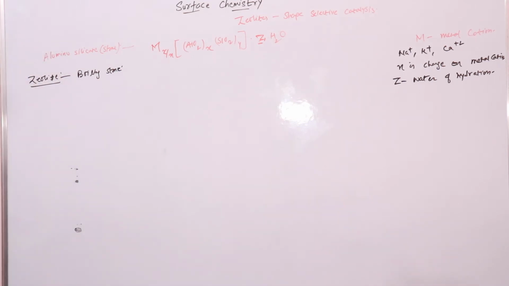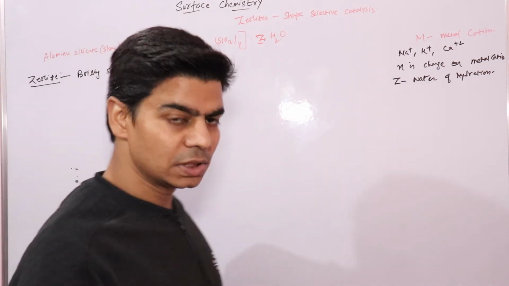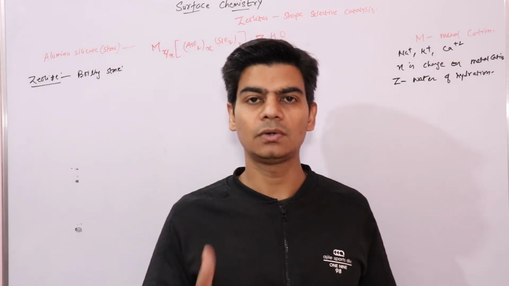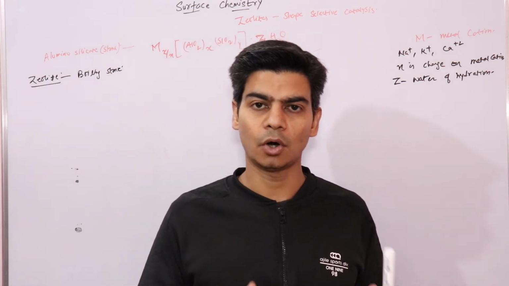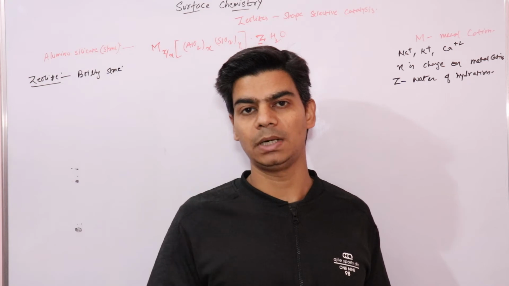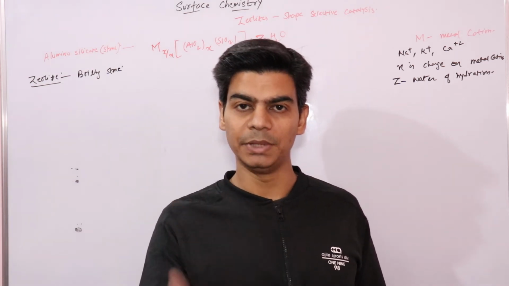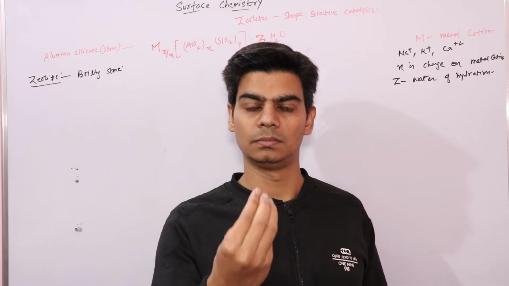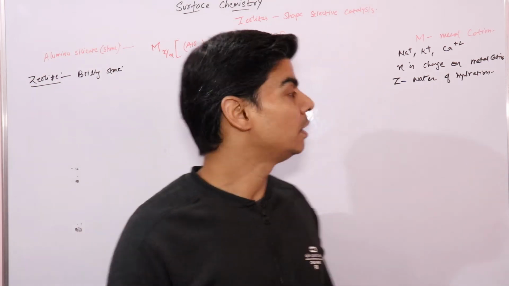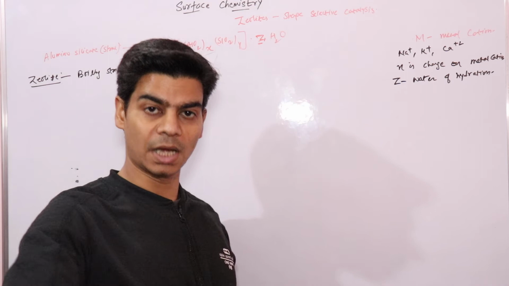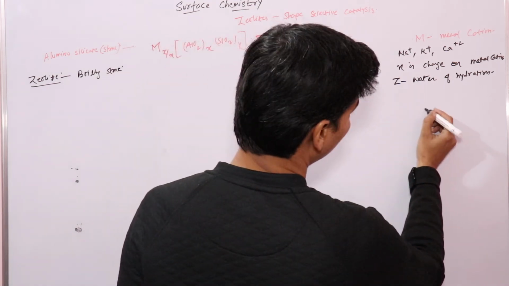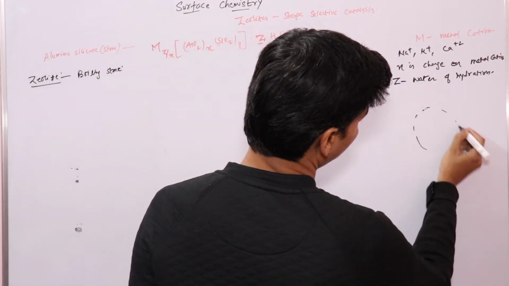Now these aluminosilicates or zeolites have a honeycomb-like structure. Honeycomb is the one built by honey bees, and the bees store their pollen and honey in this honeycomb. You can look at this in your book also. It will look like this.